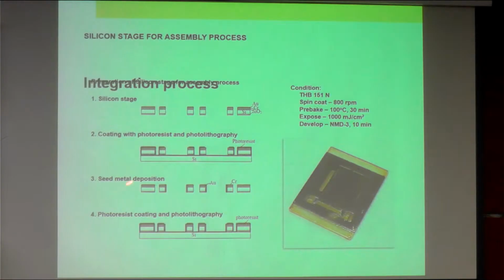Then after photoresist and photolithography, we cover certain areas using photoresist and provide openings at certain areas. Then we do the seed metal deposition on the open side with gold and chrome. Then we cover again with photolithography on certain areas so that later, when we grow nickel, it won't affect other places where you have a metal contact.